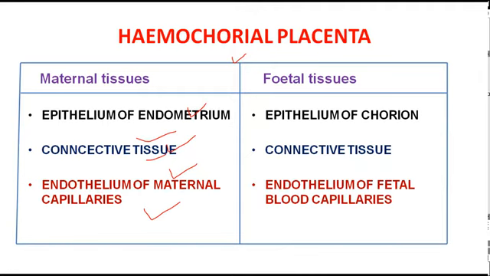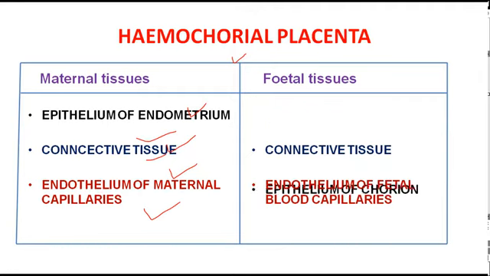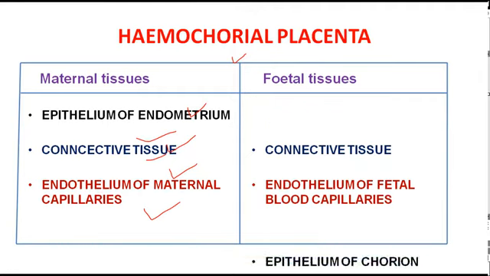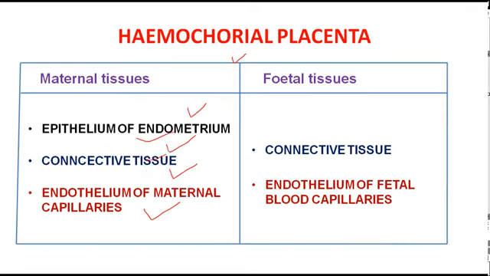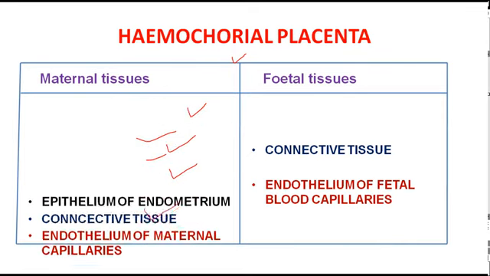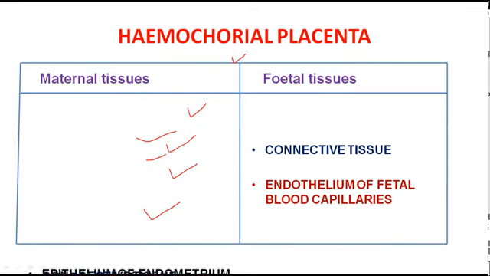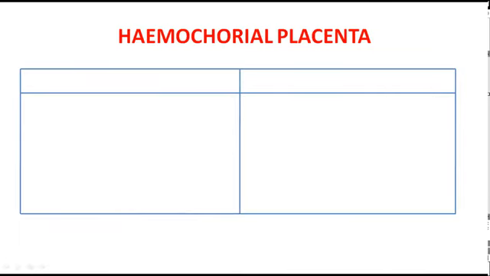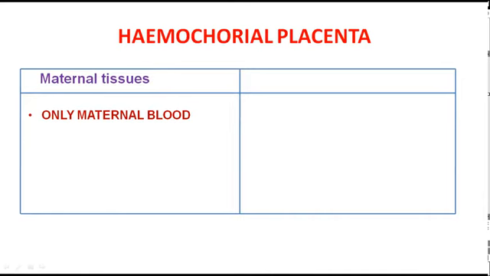But when placenta grows one by one, at first the epithelium of chorion, then all the 3 layers of the maternal side dissolve. As a result, after development of placenta, mother side has only the blood lacunae into which blood flows.